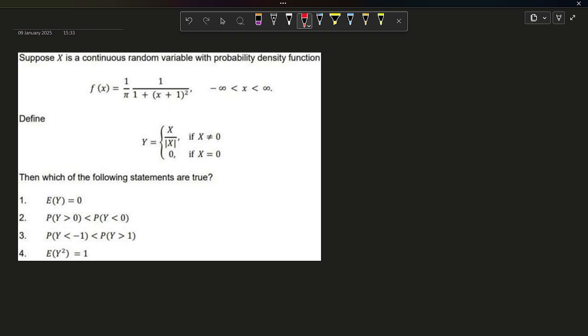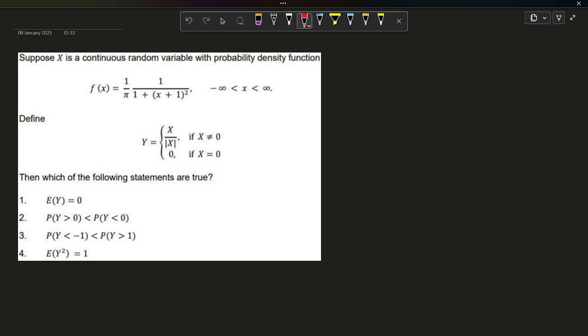Define y equals x by mod x when x is not equal to 0, and 0 if x is equal to 0. Then which of the following statements are true? There are four options here. The first option says expectation of y is equal to 0.